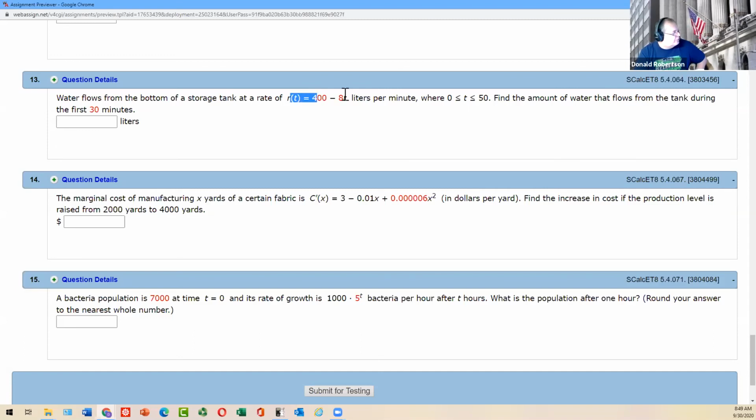So I'll show you what this one is. Here is your function. Water is coming out at the rate of 400 take away 8t. It's going to take from 0 to 50. How much is going to come out in the first 30 minutes? That will be the integral of this from 0 to 30. You just integrate the rate function from 0 to 30, because it's the first 30 minutes.